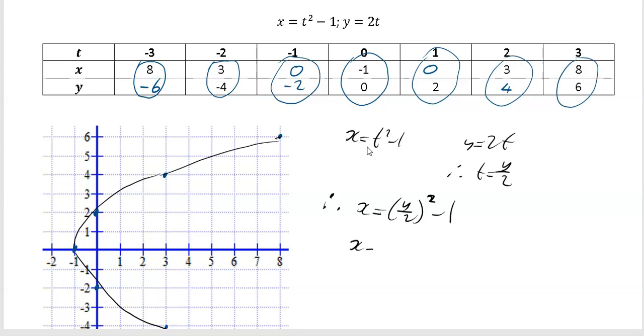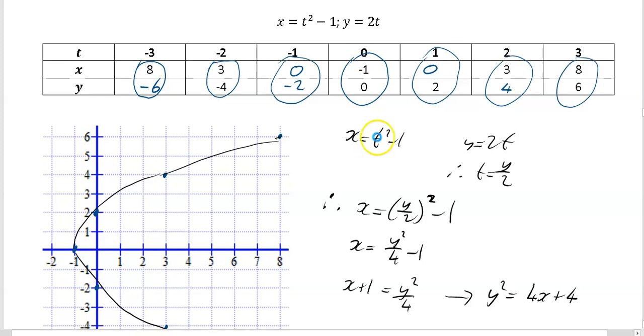We'll just go on with that and see what we will get. We're going to get y squared over 4 minus 1, which means x plus 1 is equal to y squared over 4. And your last line, that's going to be y squared is equal to 4x plus 4. And that is the Cartesian equation of this particular curve.